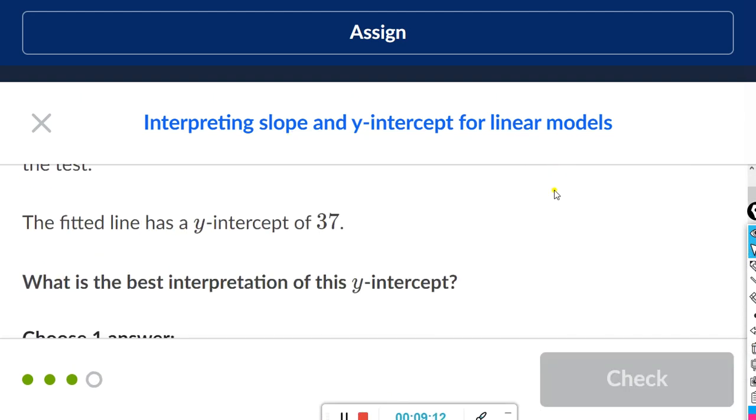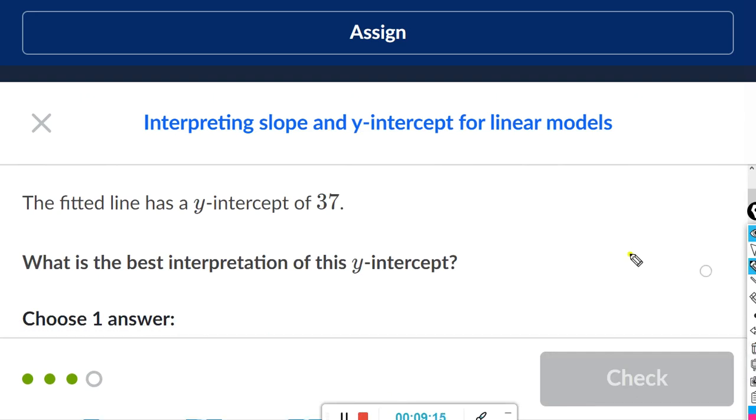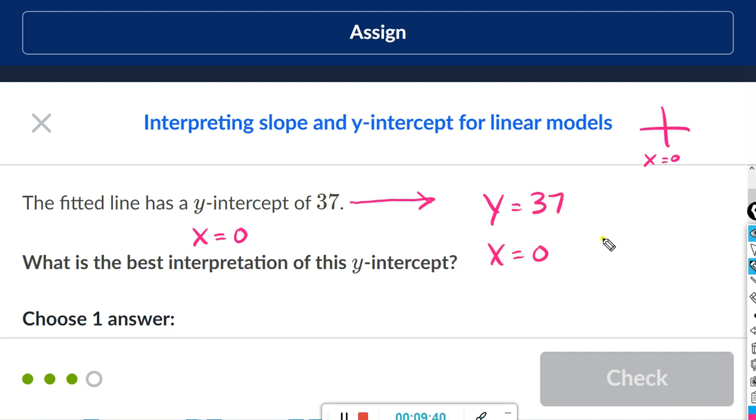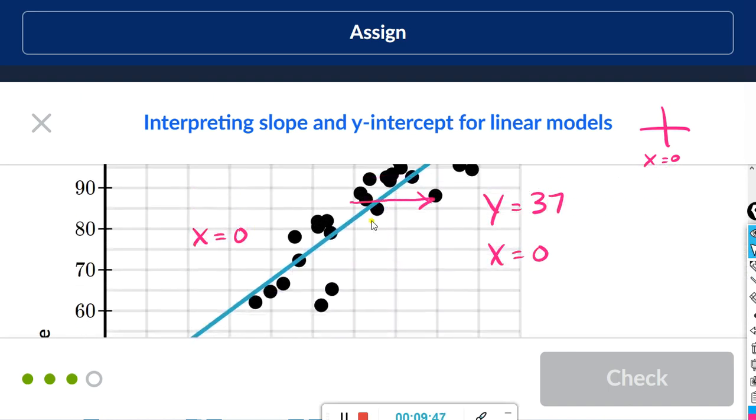All right, last one. Fitted line has a y-intercept of 37. Remember the y-intercept is where x equals 0, because the graph of the y-axis is x equals 0. So this means y equals 37 when x equals 0. Let's see what x and y represent. Go to the graph.